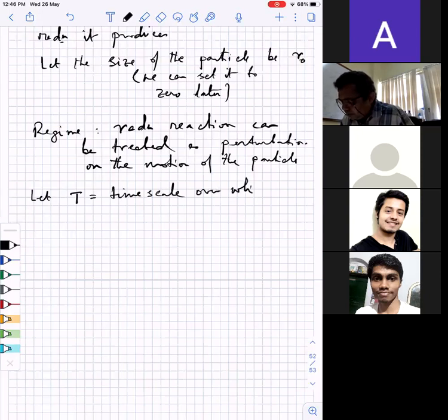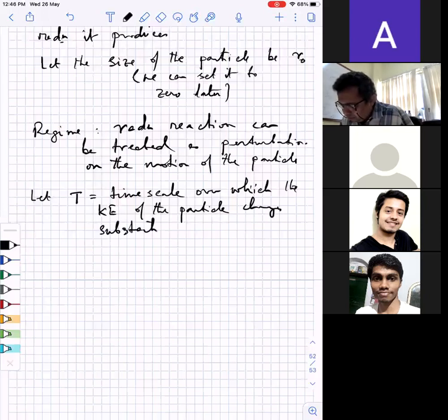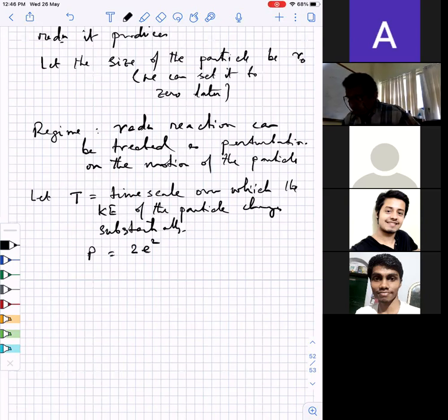And you know what the power being radiated is. We already know P is equal to 2e squared u dot squared by 3c cubed. This is the power radiated.